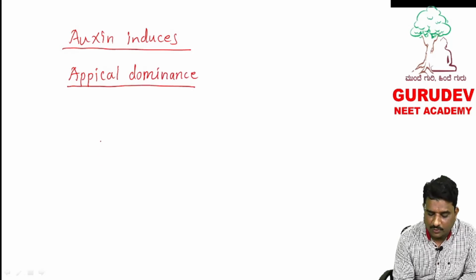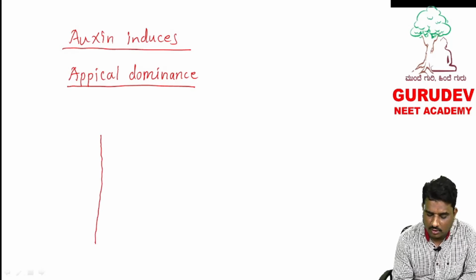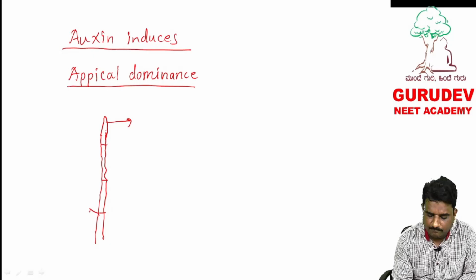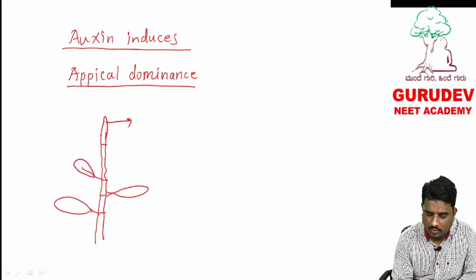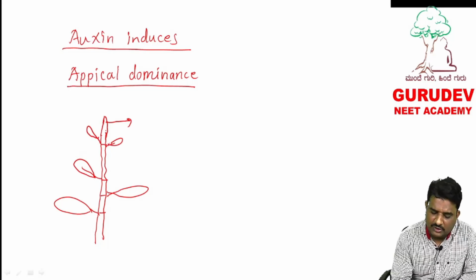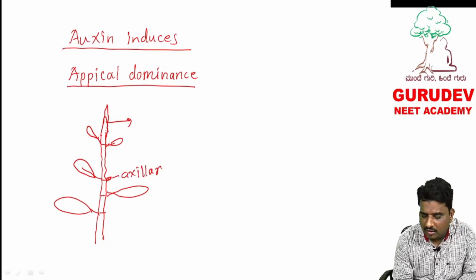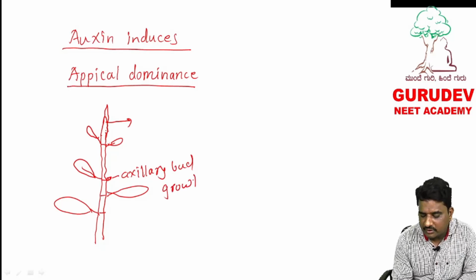Means what? Suppose this is a plant. We have a node, an internode, and the tip region. If the tip is growing faster, with older leaves and younger leaves like this, the side buds are not growing. The axillary bud growth is suppressed.